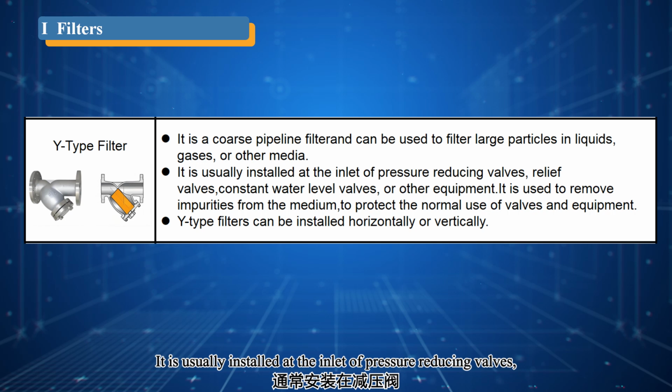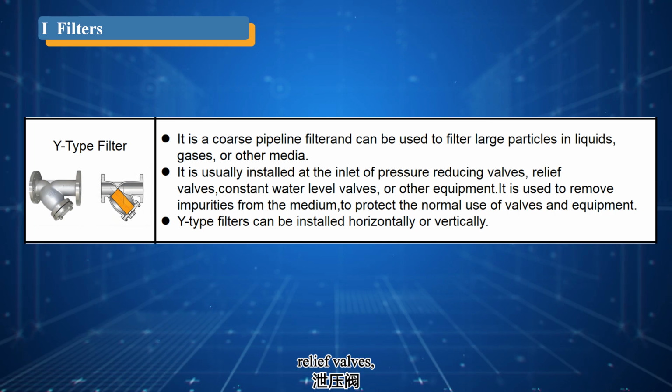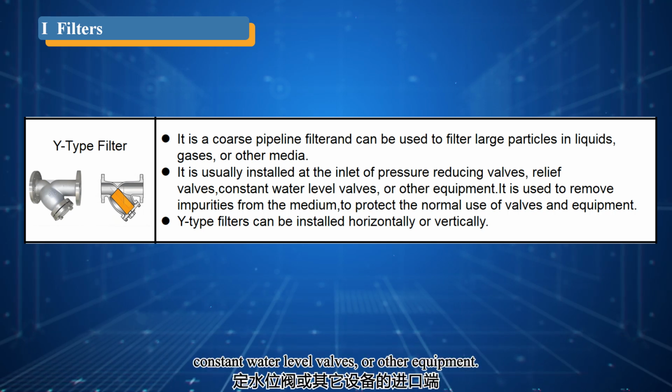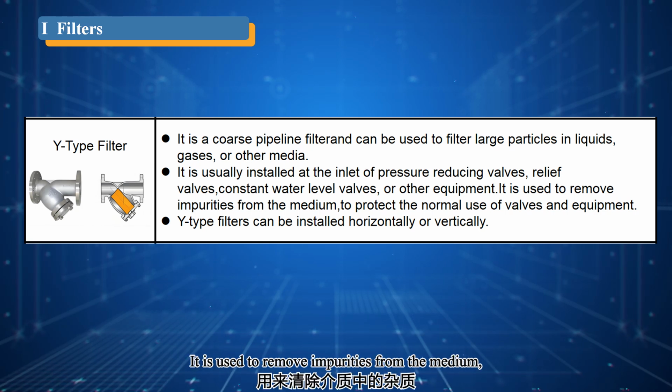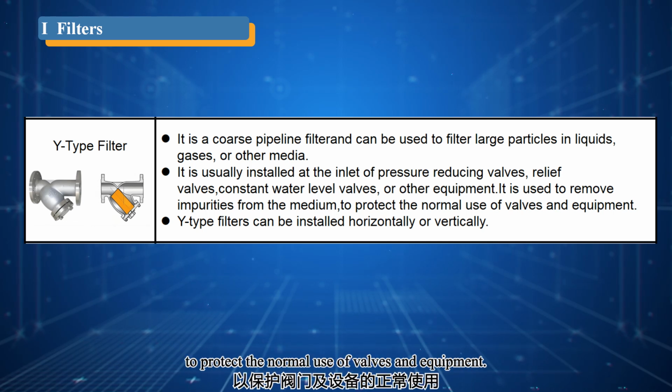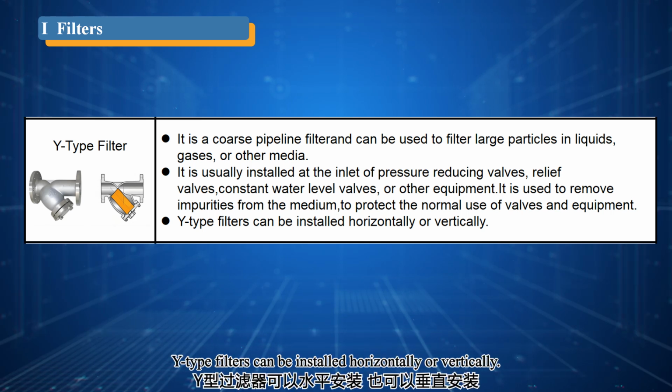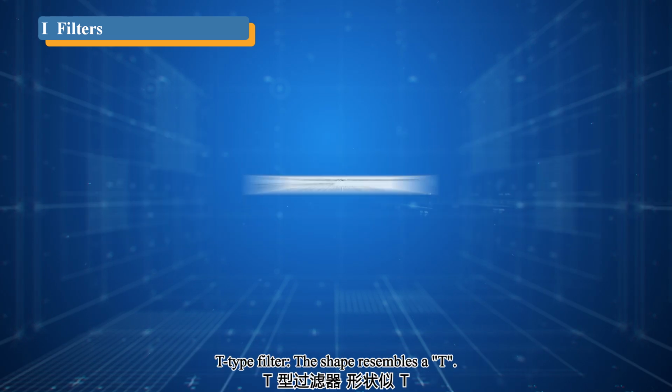It is usually installed at the inlet of pressure-reducing valves, relief valves, constant water level valves, or other equipment. It is used to remove impurities from the medium, to protect the normal use of valves and equipment. Y-type filters can be installed horizontally or vertically.